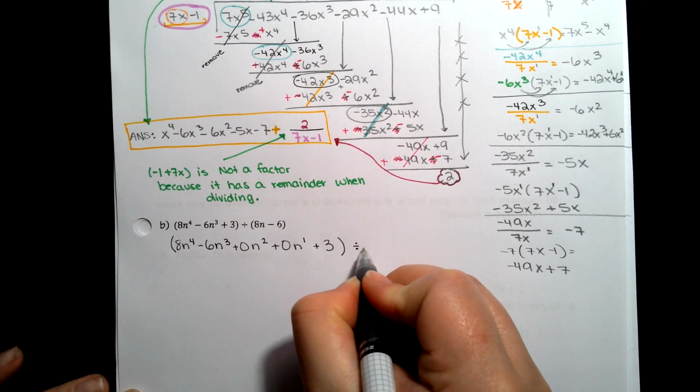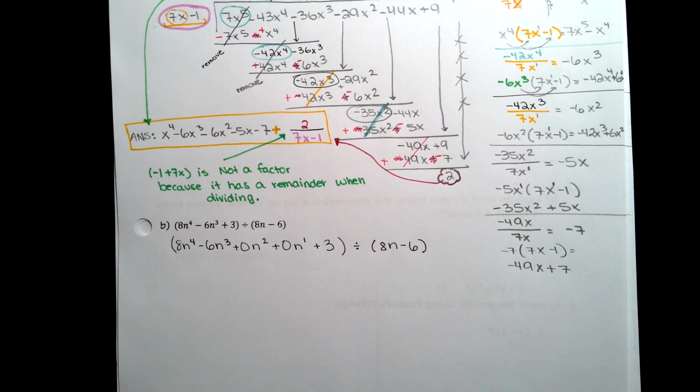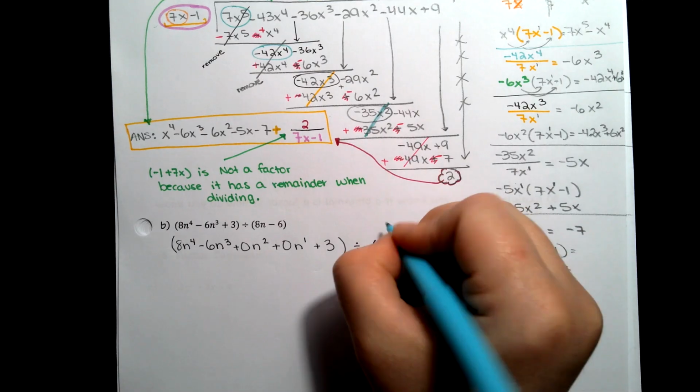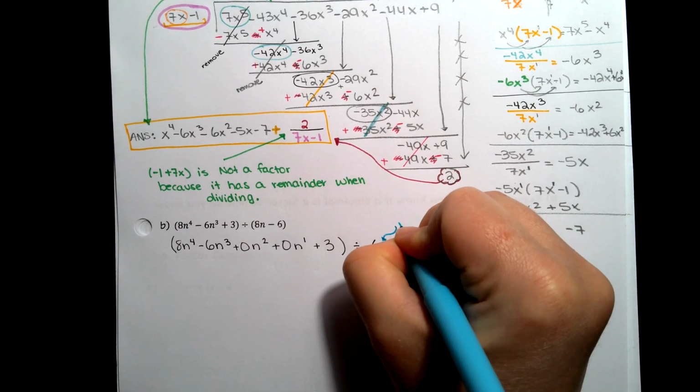This one is, again, already given in standard form. And because you do see a number here, it is linear, which is fine, but because of this 8, you have to use long division.